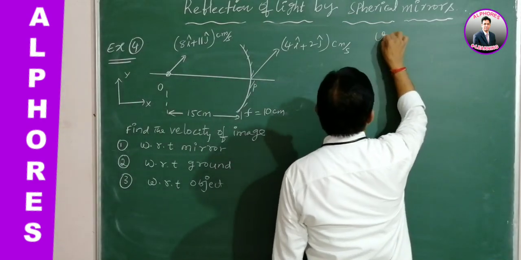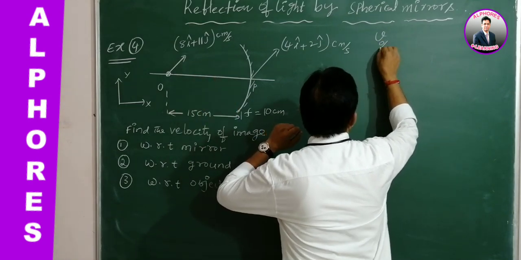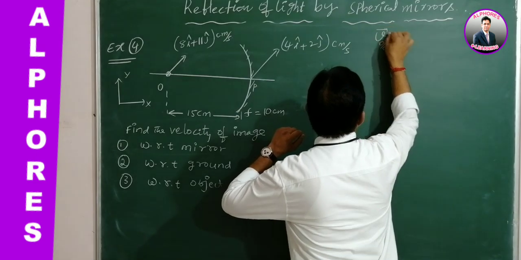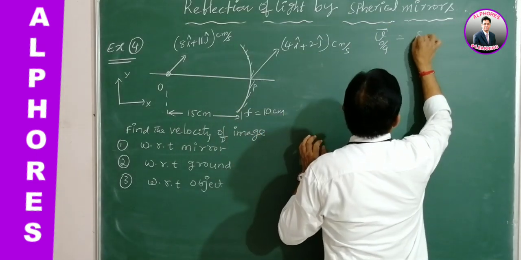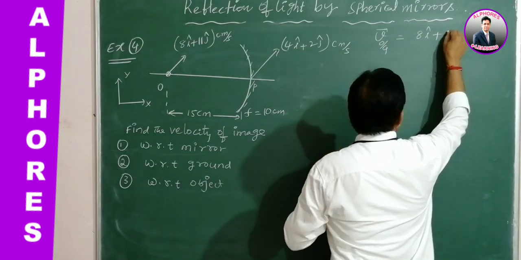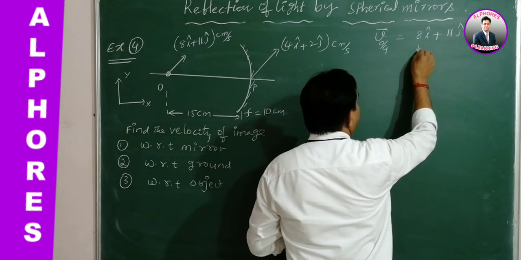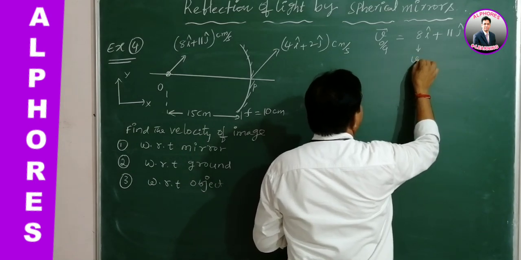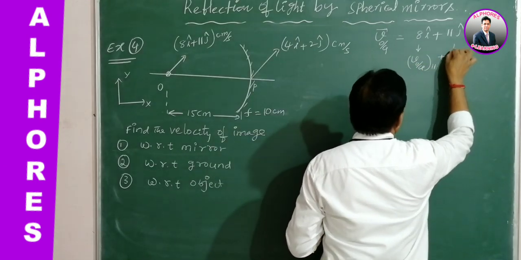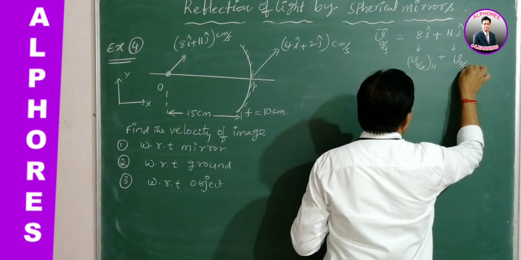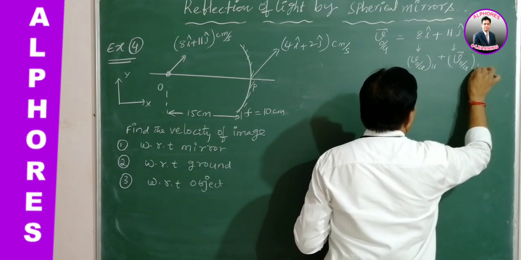Now first question, go one by one, develop the velocity. Velocity of object with respect to ground, absolute, 8i plus 11j. No need to write symbolic, you can represent them. This is the parallel component and this is the perpendicular component.